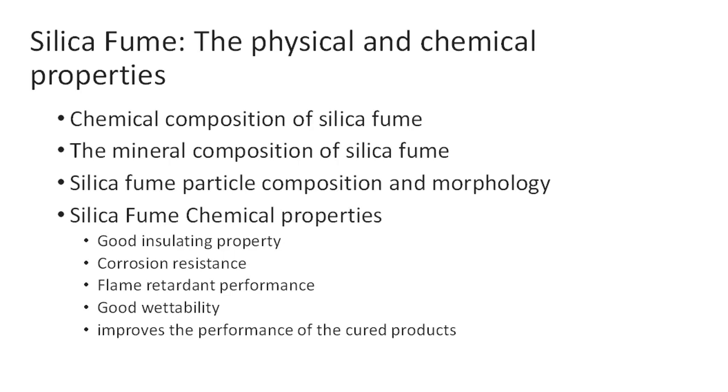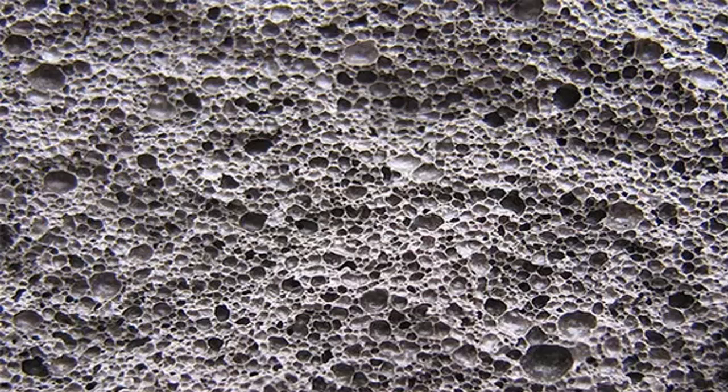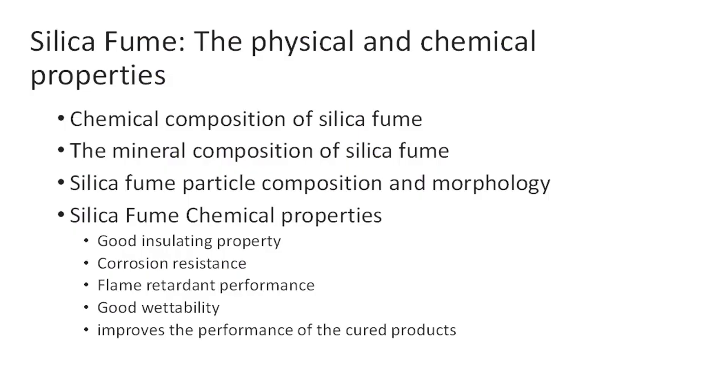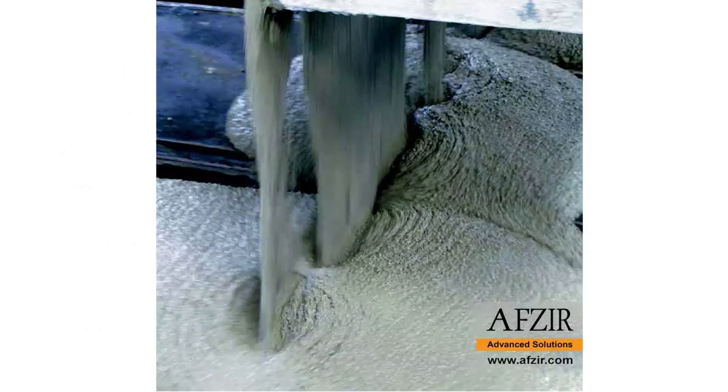Due to its high purity and low impurity content, silica fume exhibits excellent electrical insulating properties, making it beneficial for applications requiring anti-arc characteristics. Reduction of exothermic peak in epoxy resins. Silica fume can reduce the peak temperature during the curing reaction of epoxy resins, which helps minimize internal stresses, shrinkage, and cracks in the final cured material.